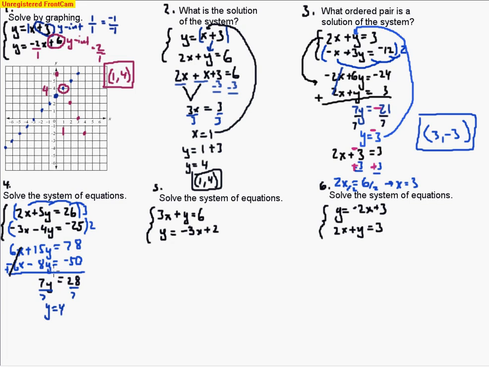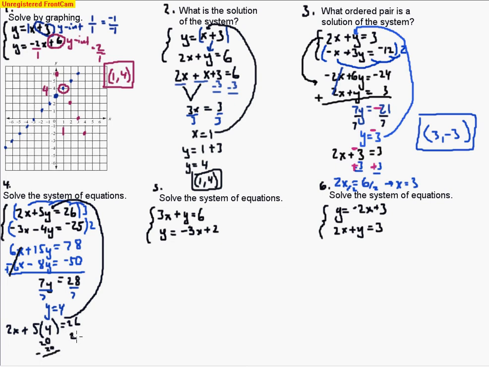Just substitute back in. See, this is where it's a little bit more difficult dealing with elimination, because when we do the substitution, we got some extra work to do. I'm going to put in for that y up there. So it's going to be 2x plus 5 times 4, and then equals 26. Well, this makes 20 right here, so that's what I need to take away from both sides.